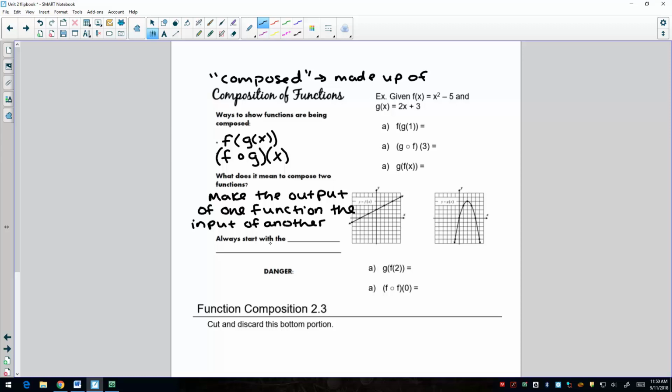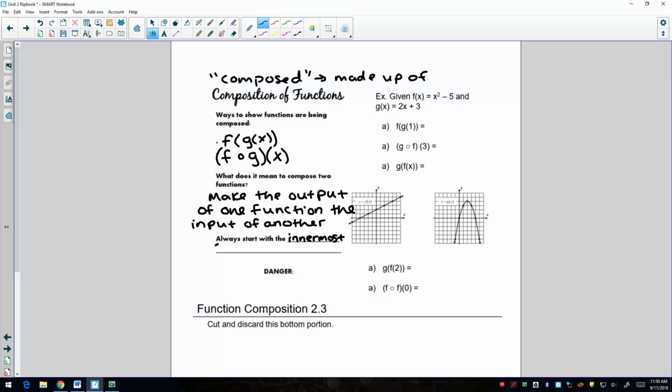So to do this, you are always going to start. This might seem funny for one of the ways. For the first way, with the parentheses, it should make sense that you start with the innermost function. When we work with parentheses, we usually start with the very inside. So you're always going to start with the innermost if it's written in the parentheses form.